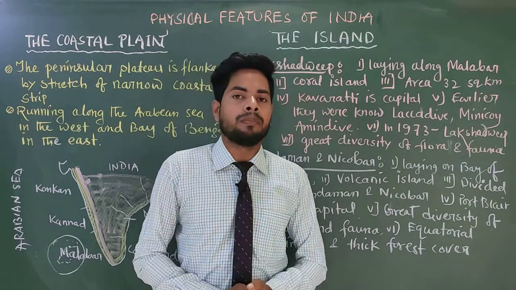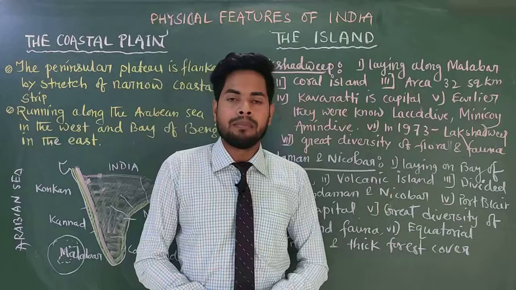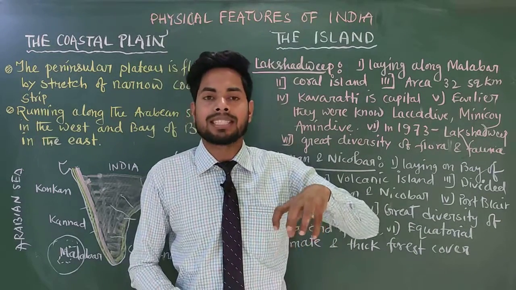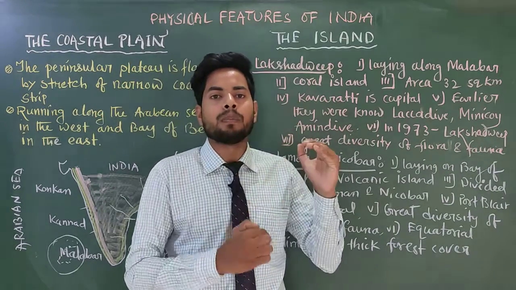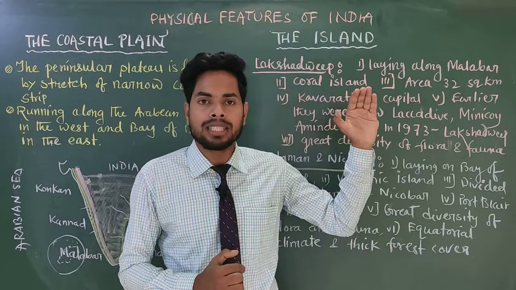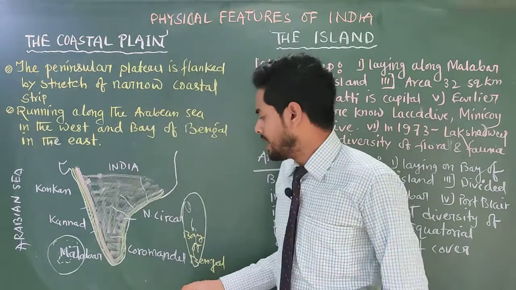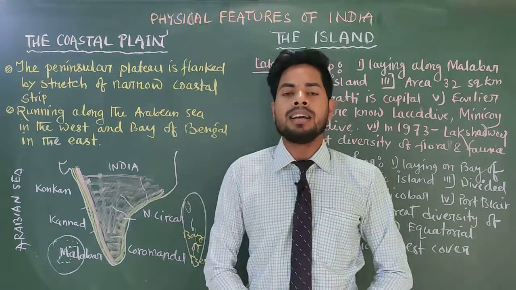The capital of the Andaman and Nicobar Islands is Port Blair. Many islands are located here, and their size is also bigger. It is generally divided into two parts: the northern part known as the Andaman and the southern part known as the Nicobar.